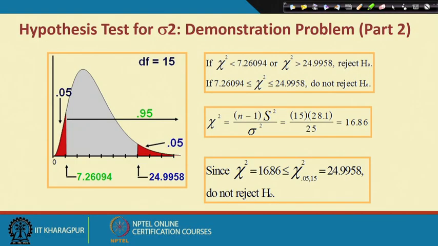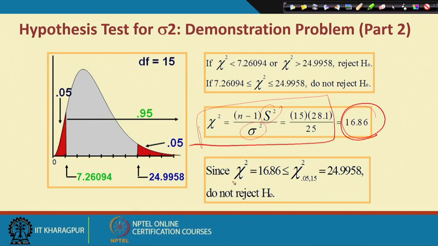In the chi-square case it is more or less the same, and the only thing is the calculation procedure is a little bit different. The chi-square statistic needs to be calculated. You have to find the sample variance and the population variance, and on the basis of that you calculate the chi-square, which is called the calculated chi-square.